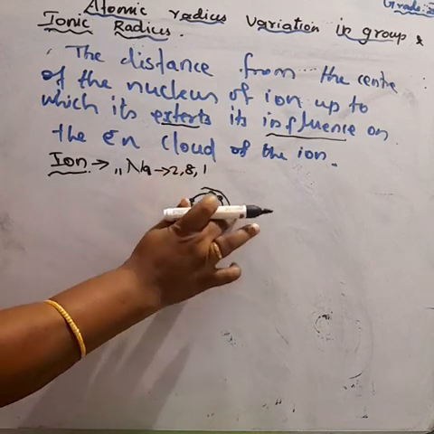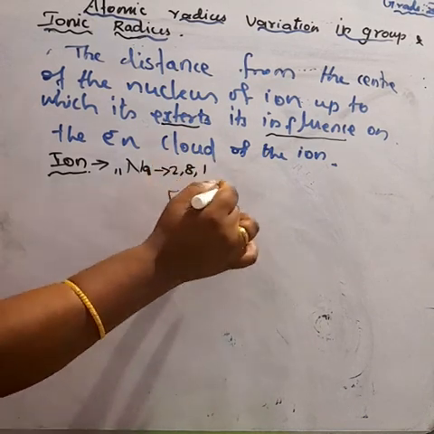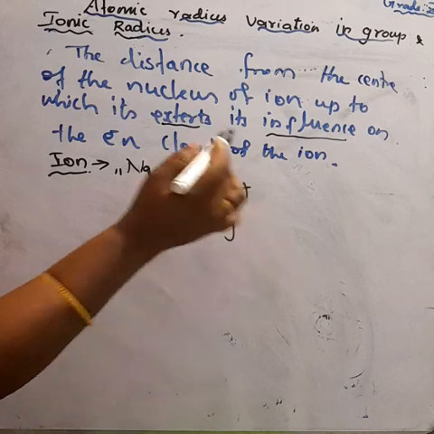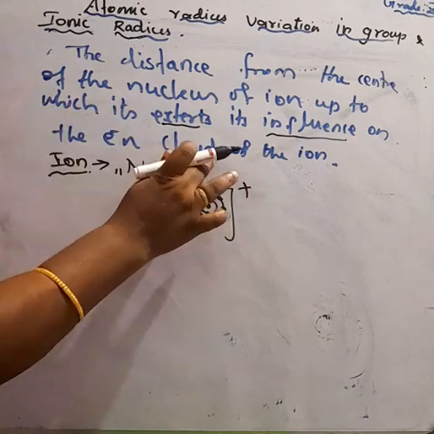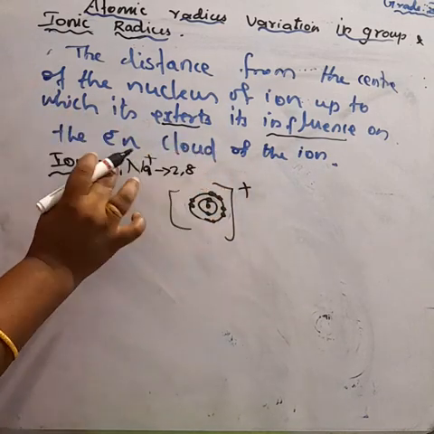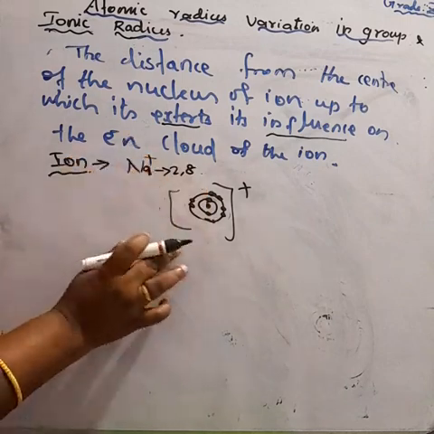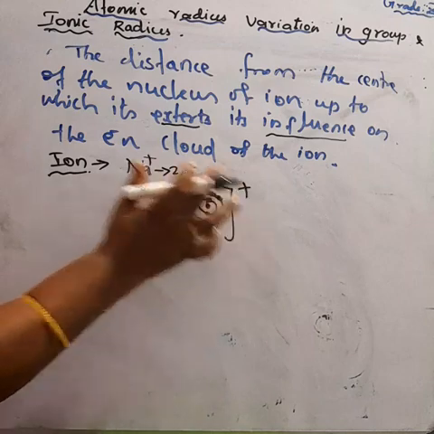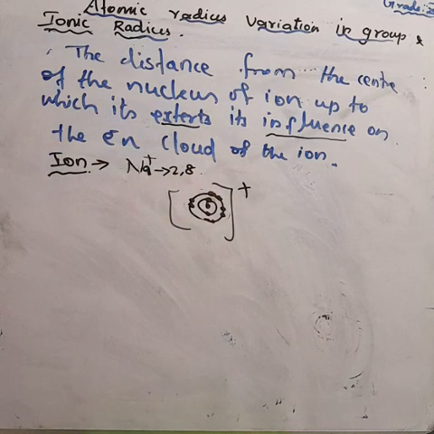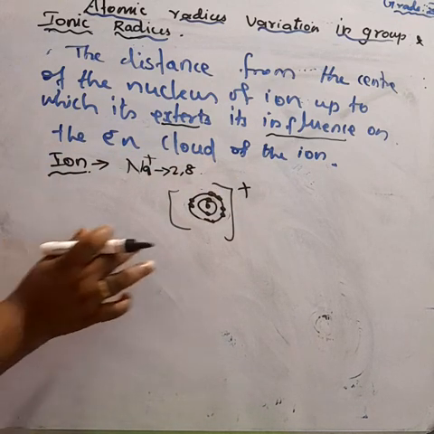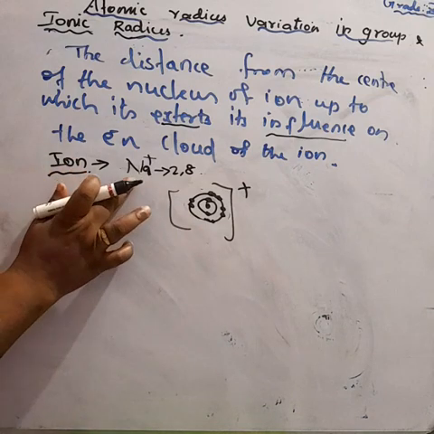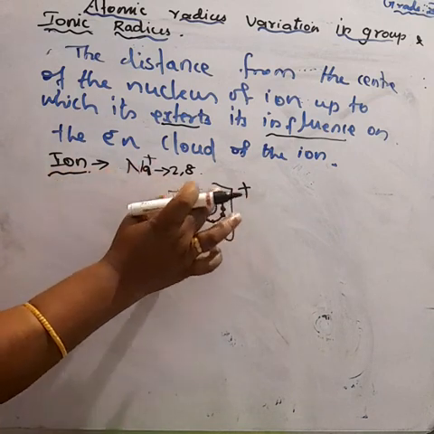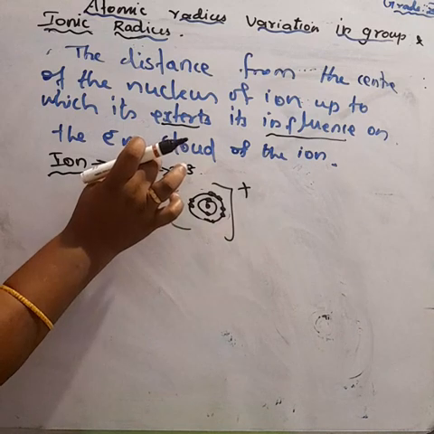Suppose it removed 2 electrons from the outermost shell, that would be Na2+. But a sodium atom can remove only 1 electron, and when it does, it gets a stable configuration. So sodium loses 1 electron from its outermost shell and becomes a sodium ion.